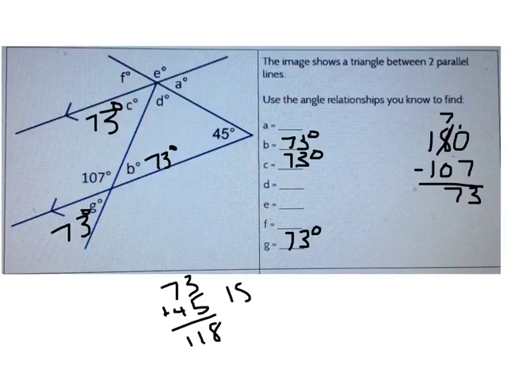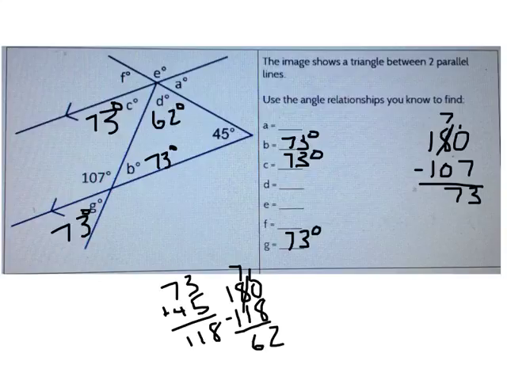I can subtract 180 minus 118 to find angle D. What's 180 minus 118? It's 62 degrees. Angle D is 62 degrees.